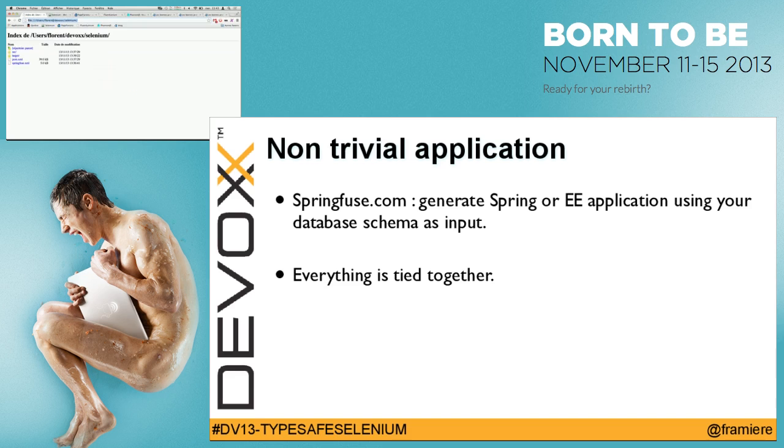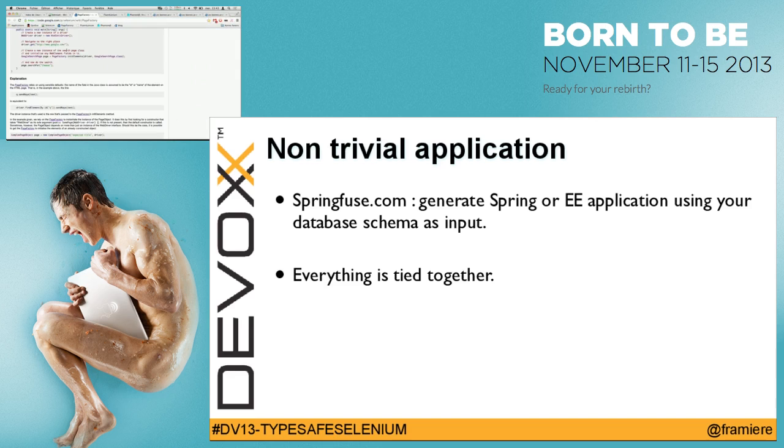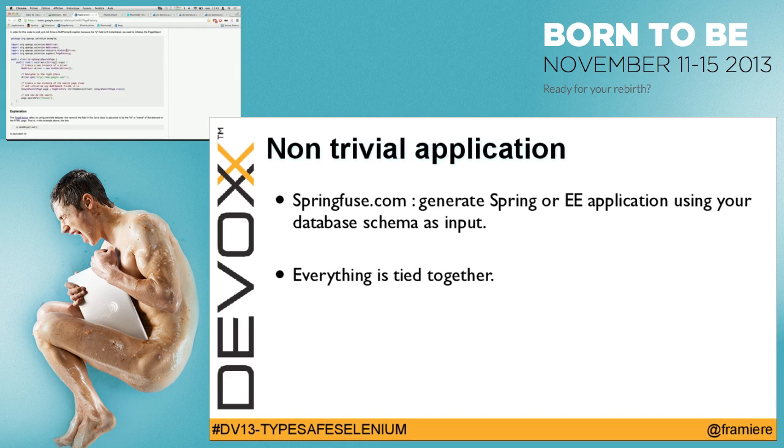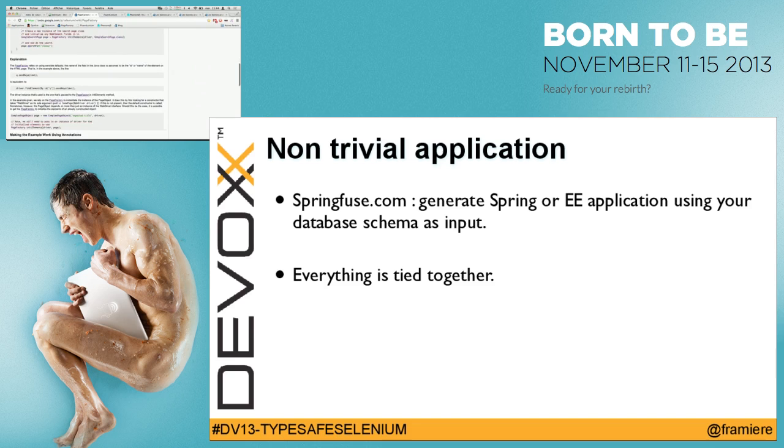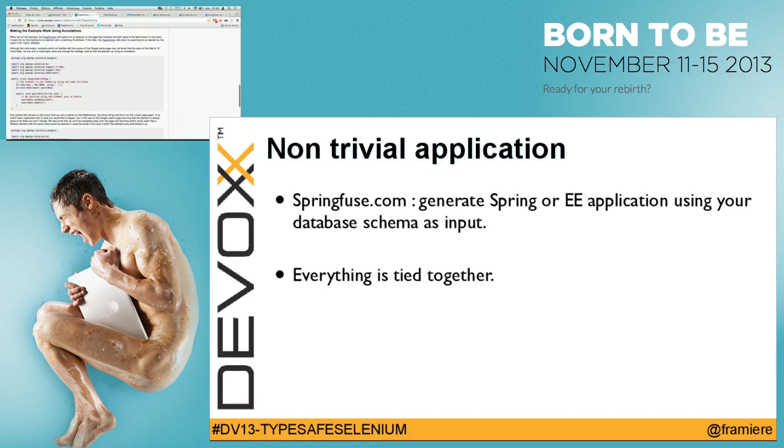So the Selenium guys introduced the page factory pattern, which is pretty useful. Basically, it's a clever use of proxies. Let's say you want to look within the Google homepage. You will define, using find by, a web element.